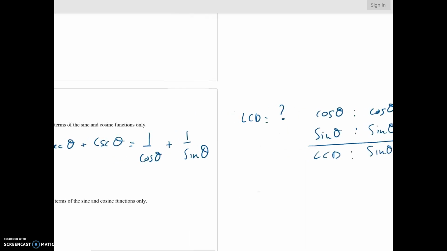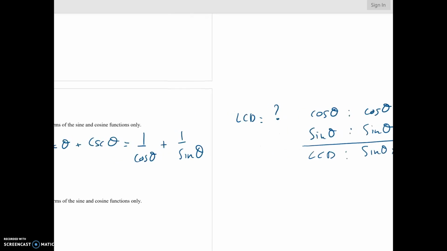That helped me to define that I need to multiply the first fraction top and bottom by sine theta, and I need to multiply the second fraction by cosine theta to have the denominator looking like the LCD.